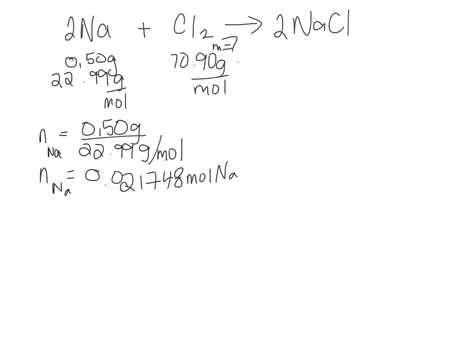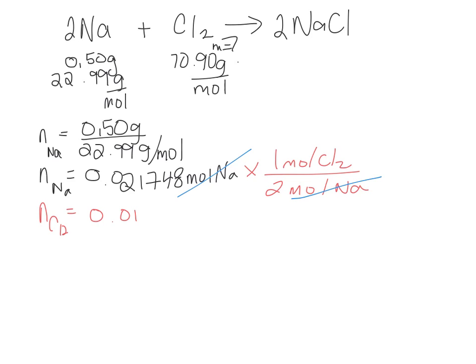We need to find the moles of chlorine. So we're going to multiply it by the mole ratio. There's 1 mole of chlorine used for every 2 moles of sodium used. Sodium's on the bottom so that it cancels. So we have 0.010874 moles of chlorine.